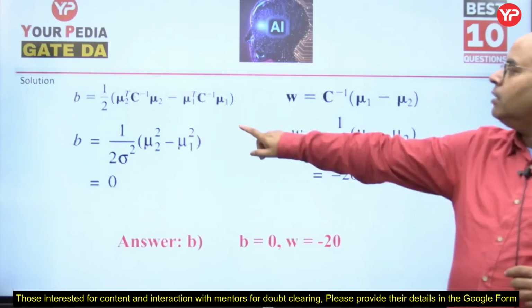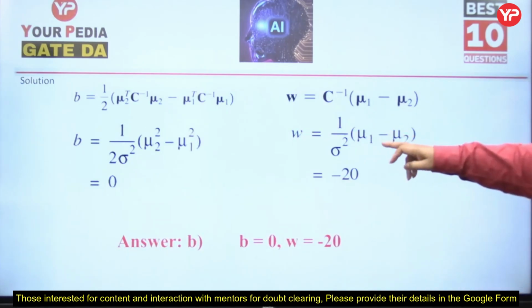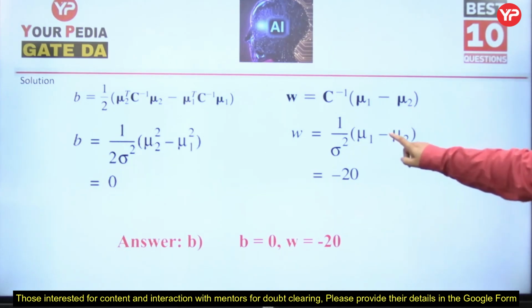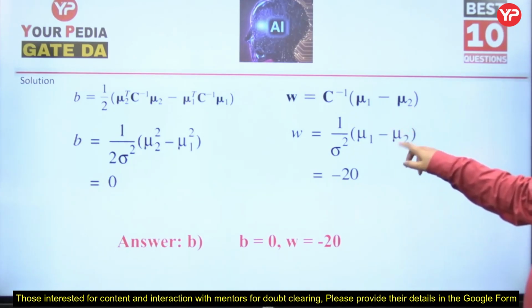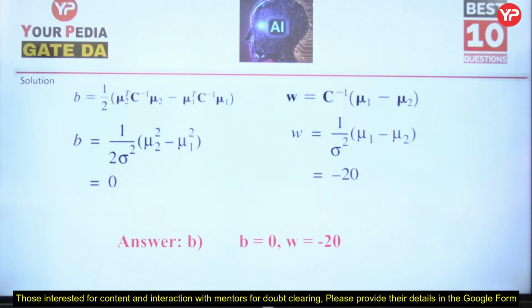So mu2 square minus mu1 square will be 0. So bias will be 0. While weight will be 1 upon sigma square times mu1 minus mu2, minus 10 minus 10 means it will be minus 20. So 1 upon sigma square, so it will be minus 20. So B is equal to 0, W will be minus 20. So that's the answer.